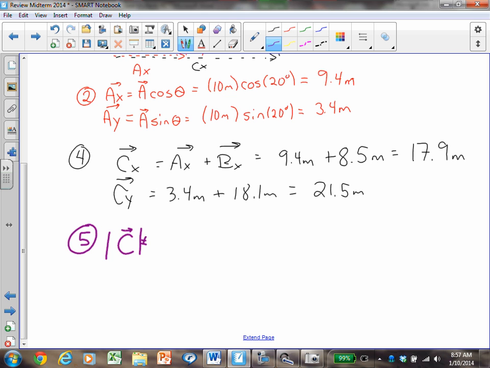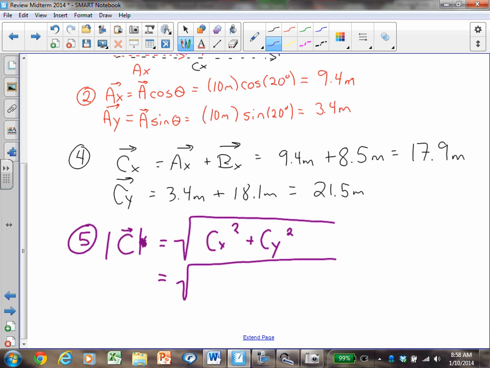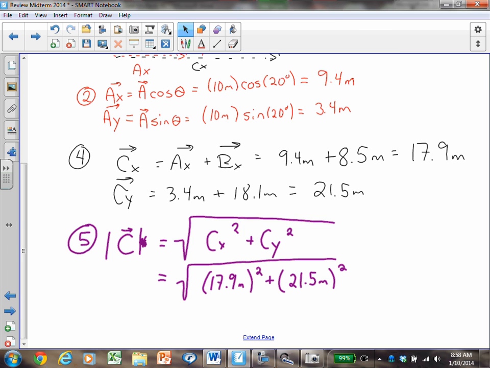It doesn't really matter, but it's the square root of Cx squared plus Cy squared, which equals 17.9 meters squared plus 21.5 meters squared. Now we can calculate that.